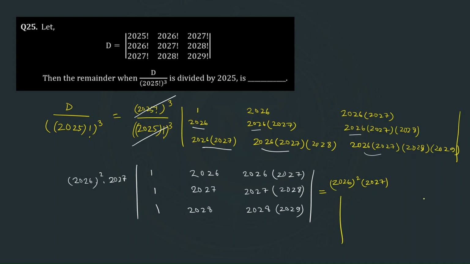Then inside the determinant this will be 0, then minus 1, then if we subtract them, it will be minus 2 times 2027, and then here it will be 0, then 1, then 2 times 2028, and here this row remains unchanged.